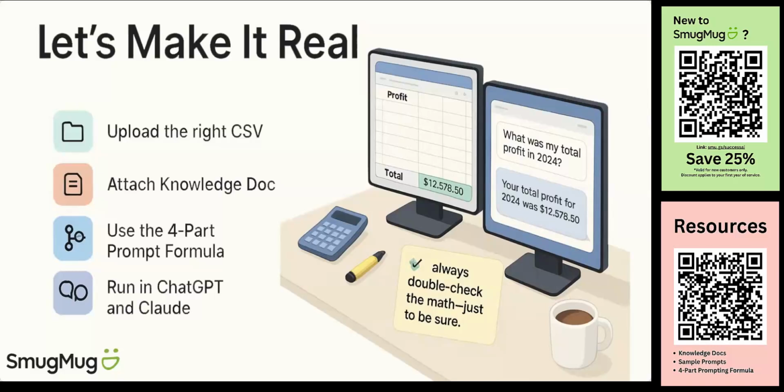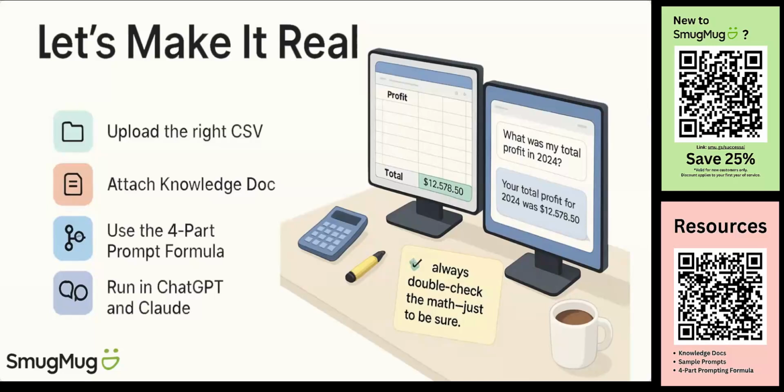When you're working with AI and numbers, especially for the first couple of times, it's a great habit to check the math. For example, I'll often start with a prompt like, what was my total profit for 2024? Then I'll open the CSV, highlight the profit column in Google Sheets or Excel, and manually sum that column myself. If the AI has the same total, I'm confident that it's calculating things correctly.